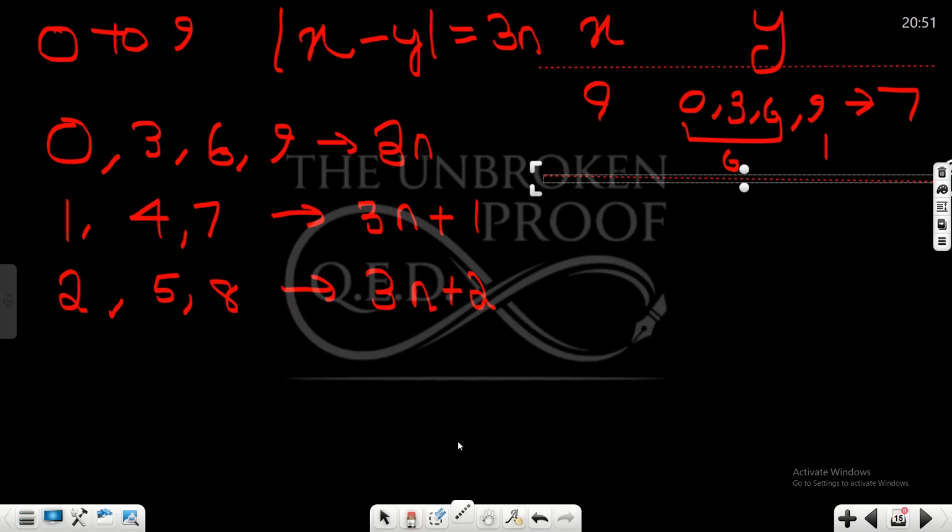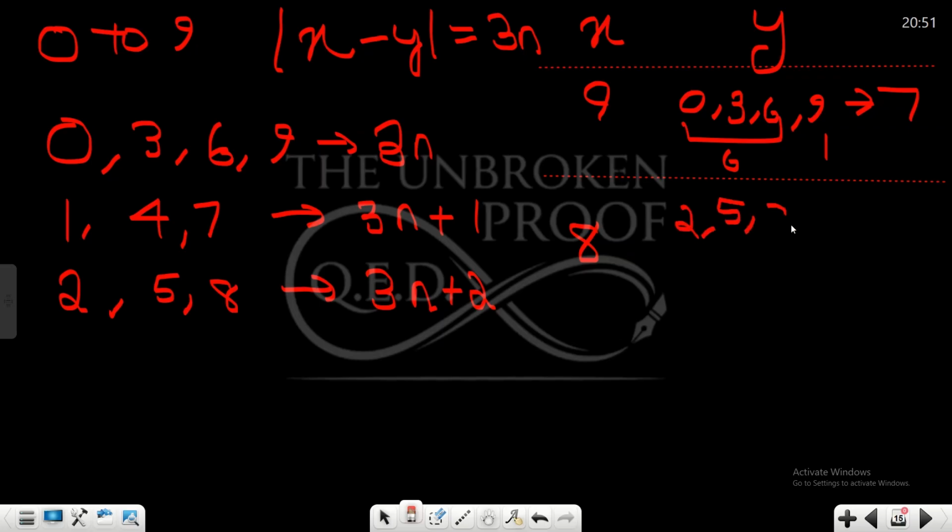now if we take x as 8, then 2, 5, 8 are possible, and for these two numbers the reverse case is also possible, like 2 minus 8 and 5 minus 8.